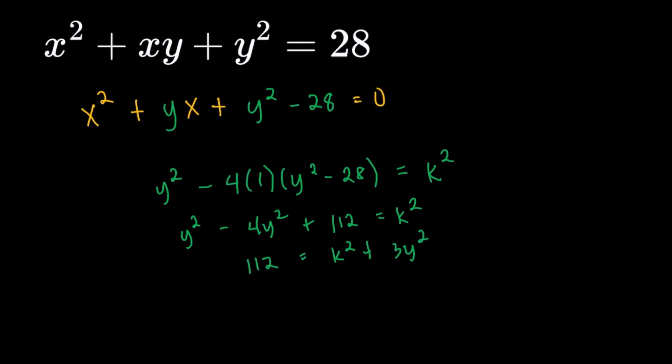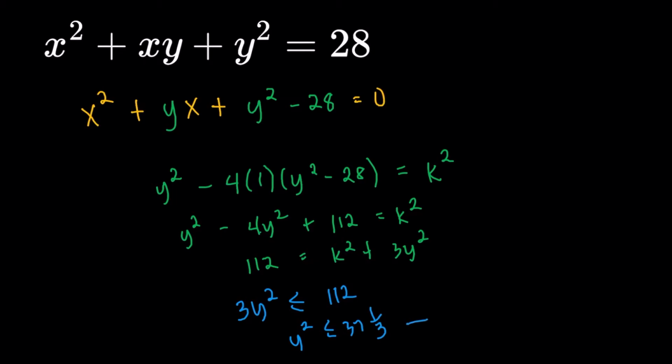Now, we can try to bound the value of y first because, with this, we know k and y are non-negative. So we have 3y squared less than or equal to 112. We're going to get y squared is less than or equal to 112 over 3, that's equal to 37 1/3. So we just have to list down perfect square values for y squared.